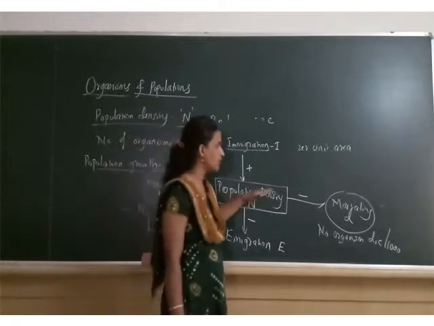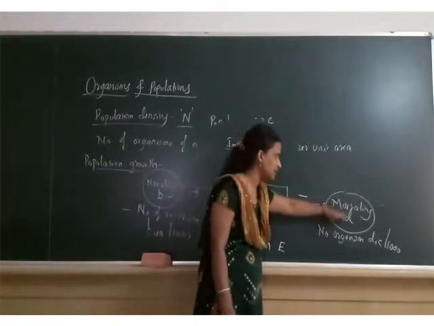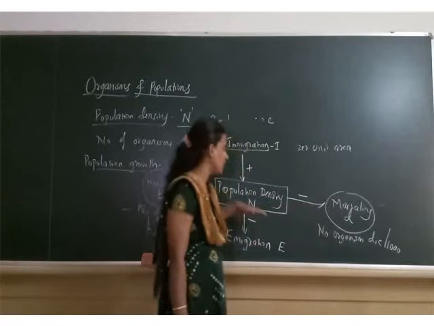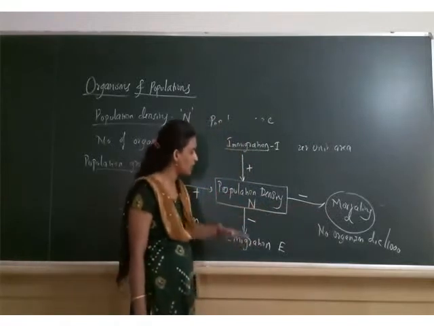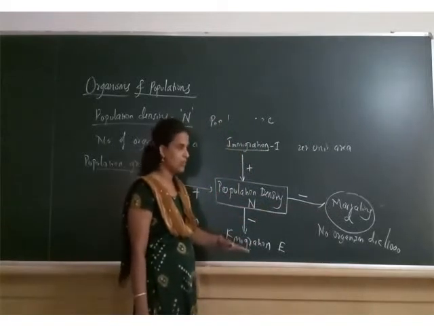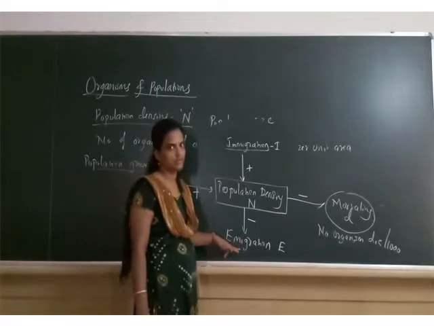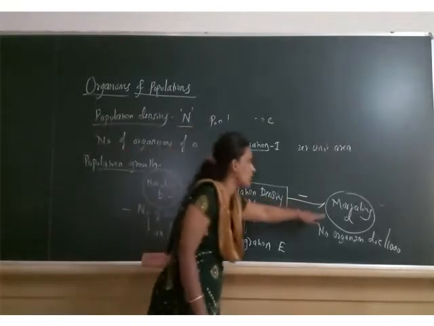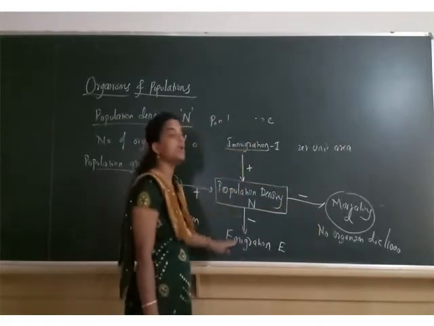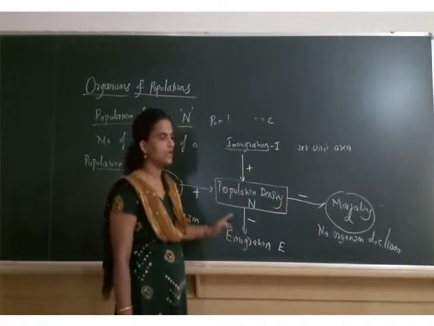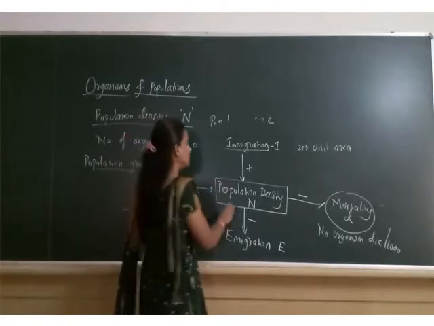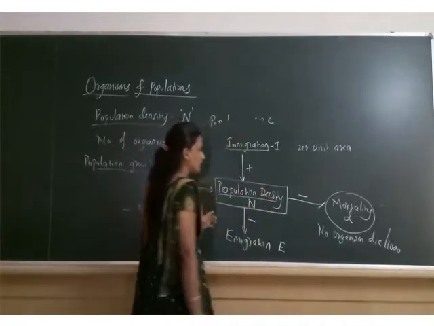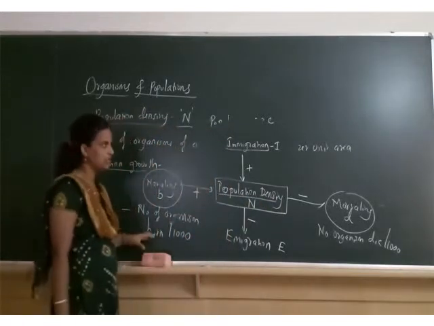Some organisms die, that is mortality, or some organisms go out of the population, that is also represented as minus. Natality, mortality, immigration, emigration: these four factors explain population density.